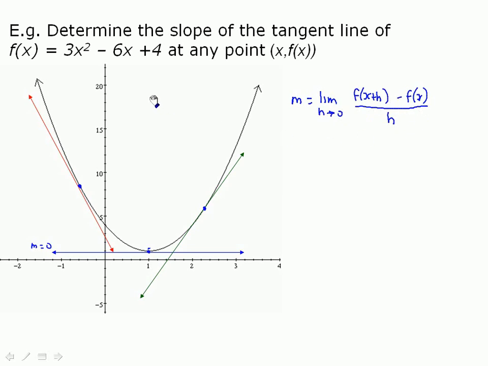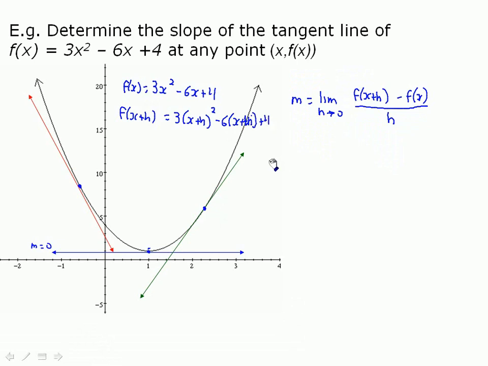And your function, f at x is equal to 3x squared minus 6x plus 4. Then f at x plus h is equal to 3, and everywhere you see an x, replace it with x plus h, so 3 times x plus h squared, minus 6 bracket x plus h, plus 4.